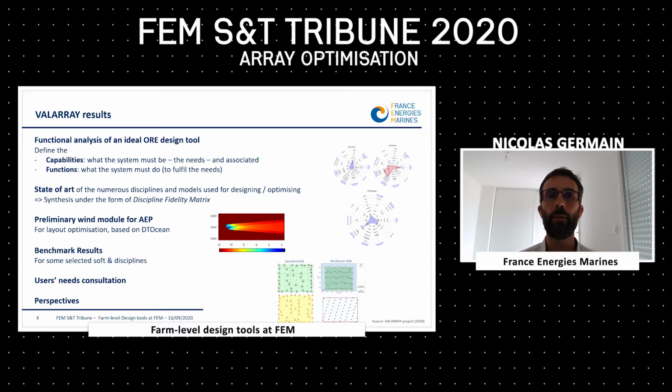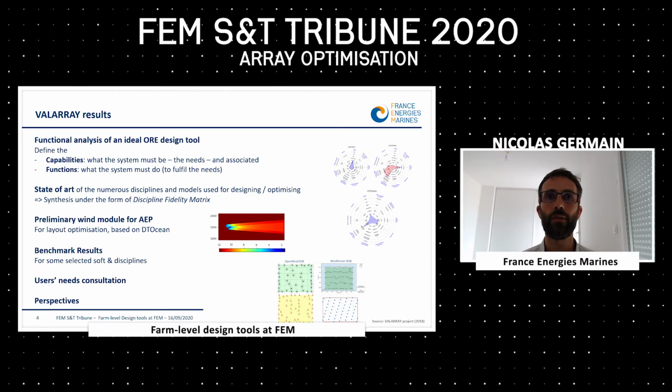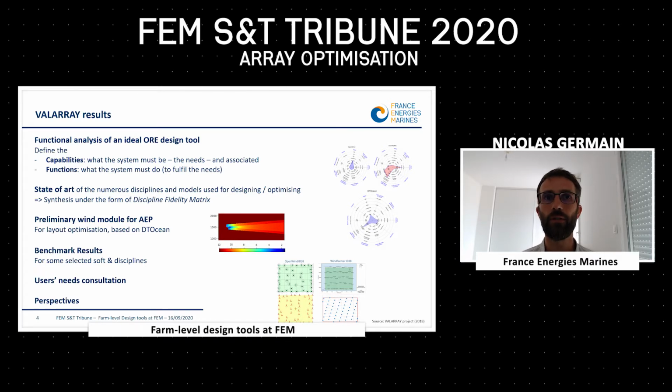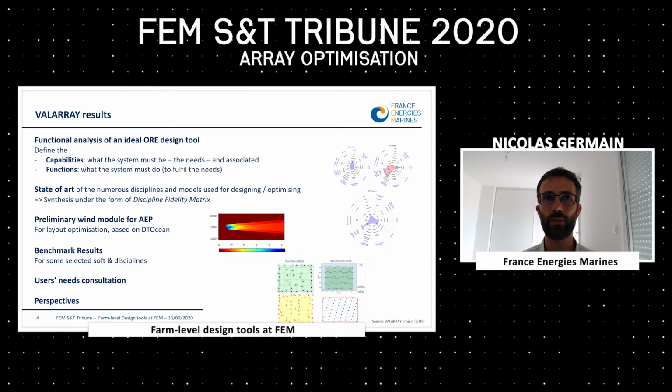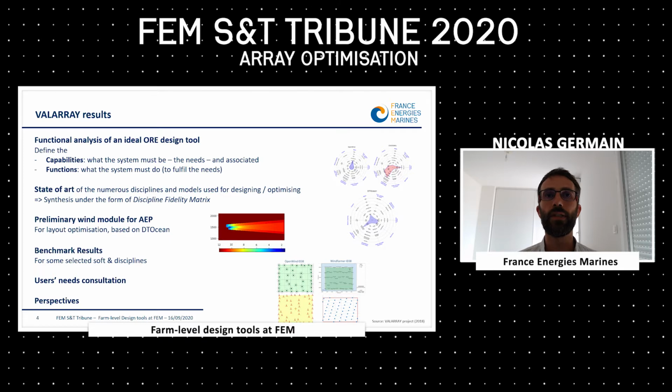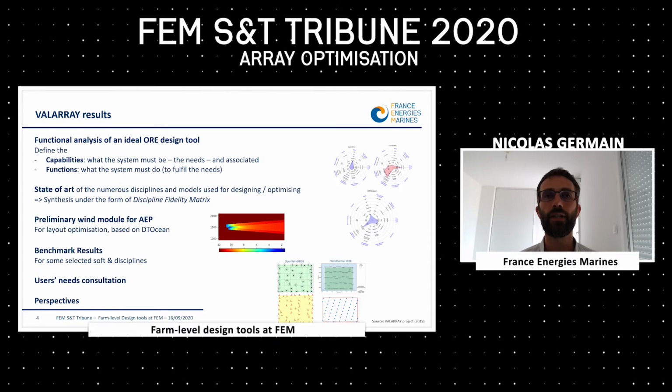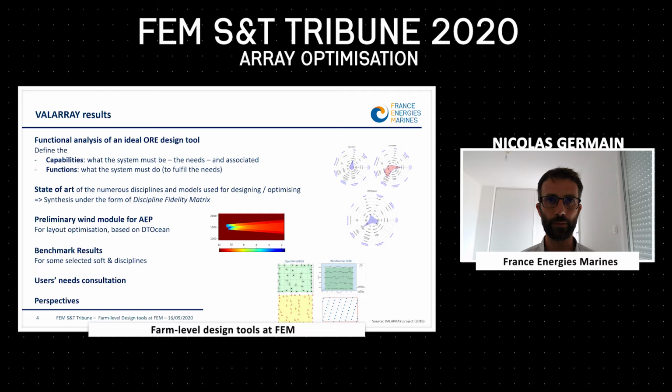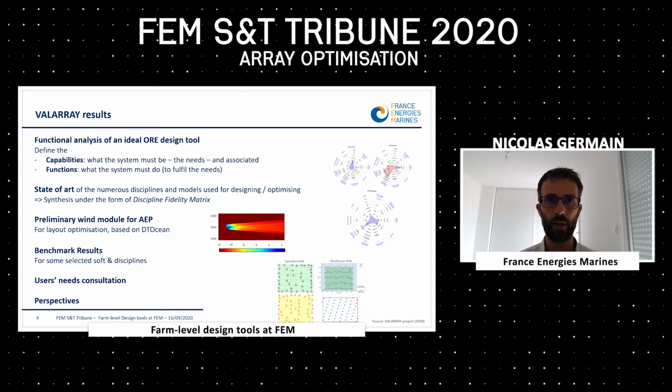Meaning, the greater the area of your radar graph, the more disciplines you have, and the finer representation of those disciplines you have in your software. So we did this for a variety of software, and this is a good representation of our state-of-the-art results.